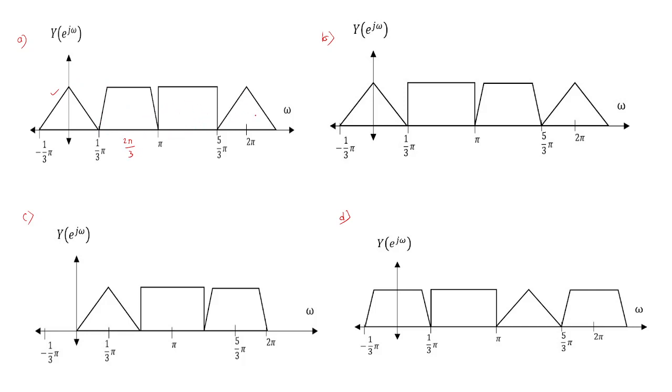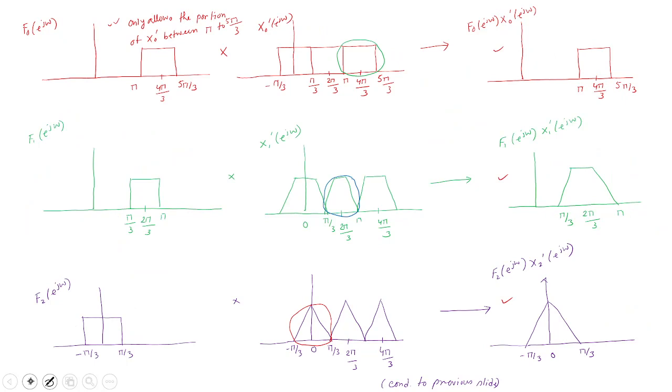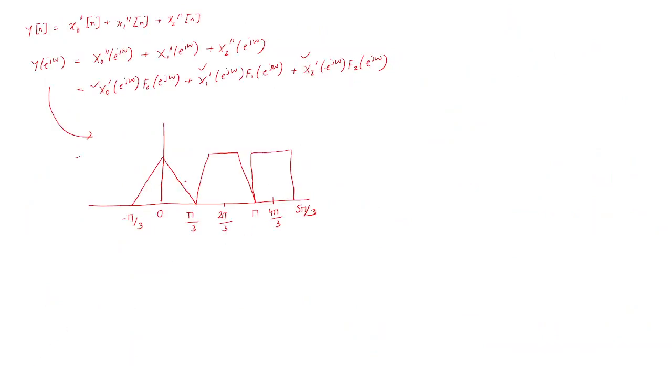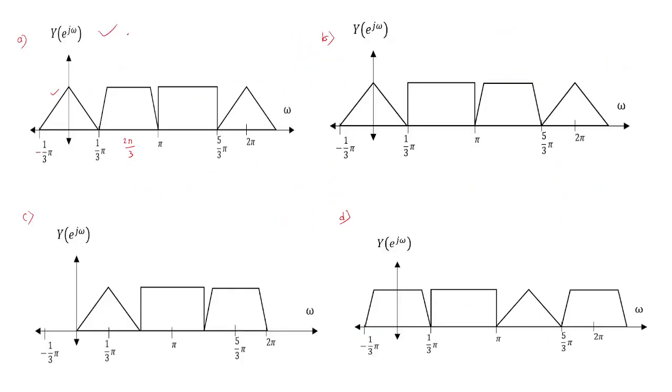By the way, this is nothing but a fundamental behavior of spectrum of a discrete domain signal. It is because whatever is there gets repeating at every 2 pi interval. That is the only reason. So the answer is A. Correct answer.